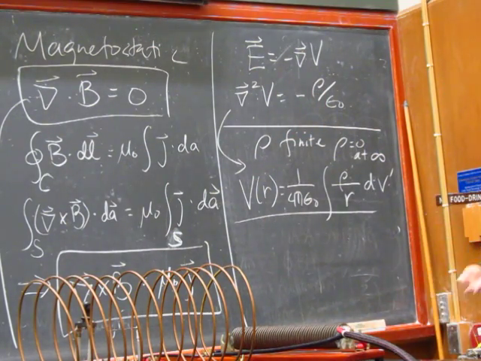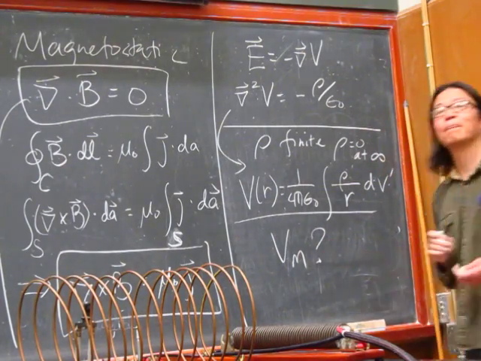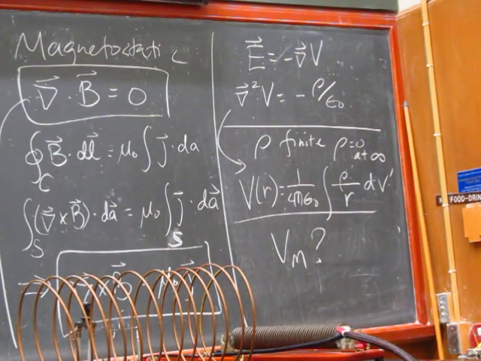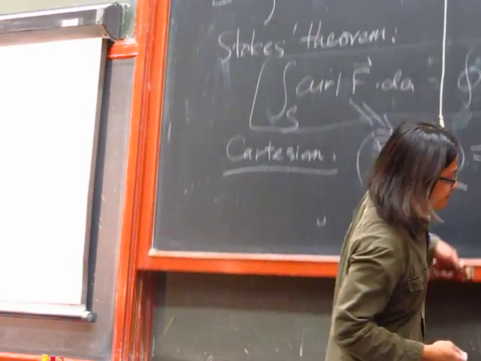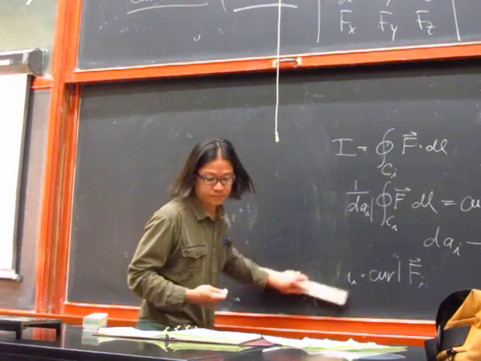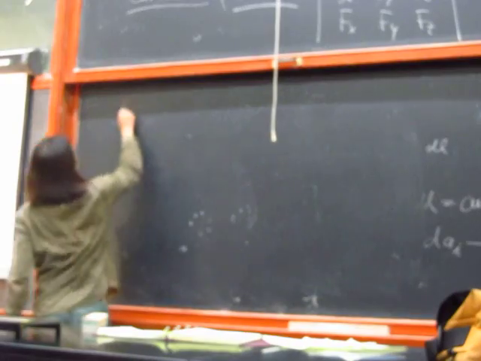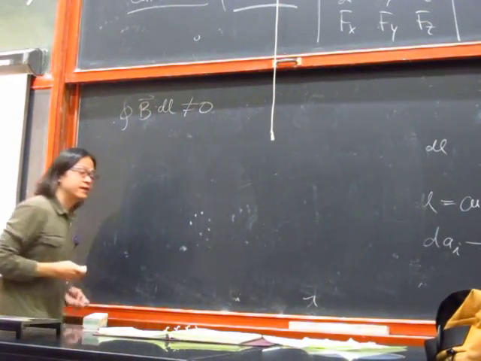We want to have the same program for magnetostatics. Is there such a thing as V_M? It turns out there isn't. It's not a scalar, and the reason is that this integral of B dot dl is not identically 0.